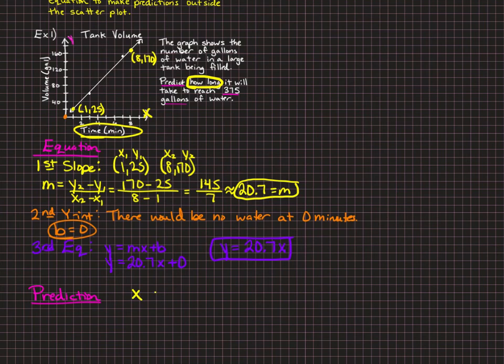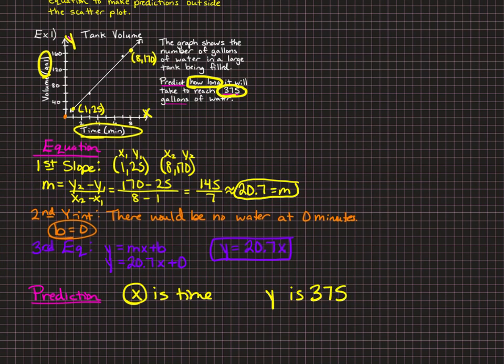So x is time, and that's what we're looking for. And it tells us that it's to reach 375 gallons of water. 375 gallons, that's represented by y. That's the volume in gallons. So y is 375.